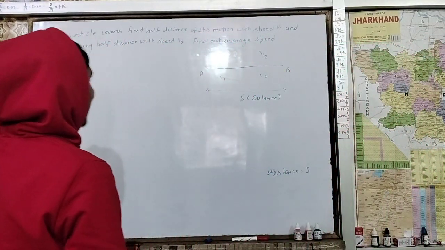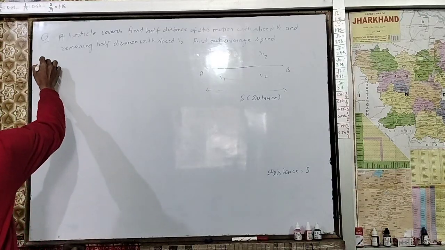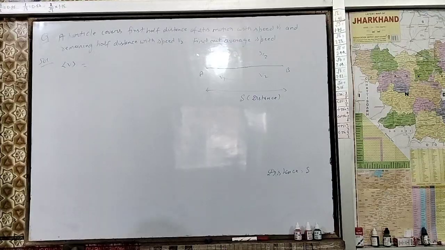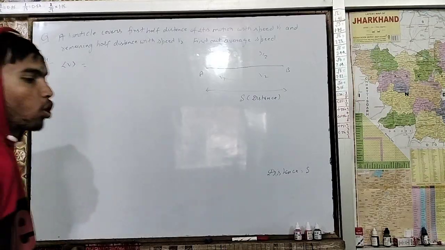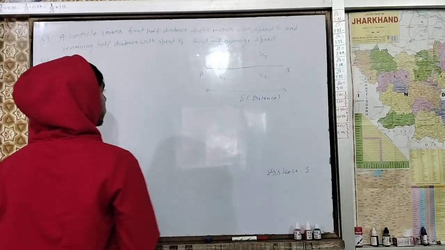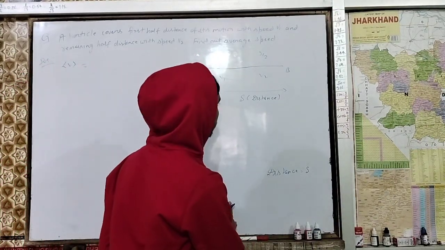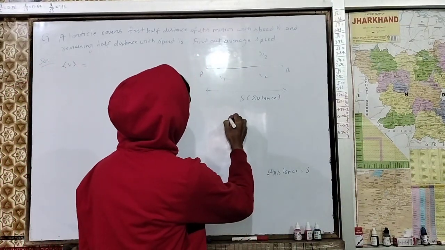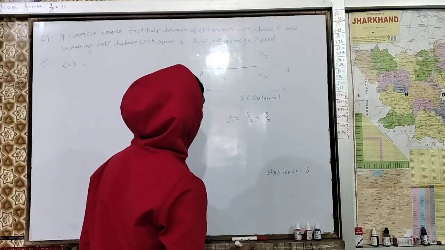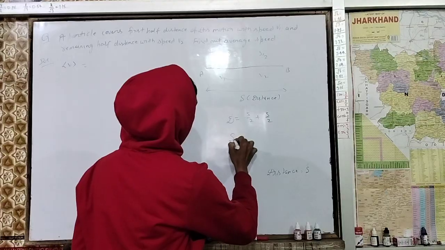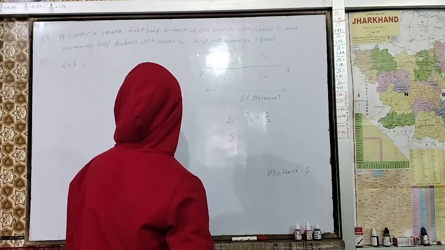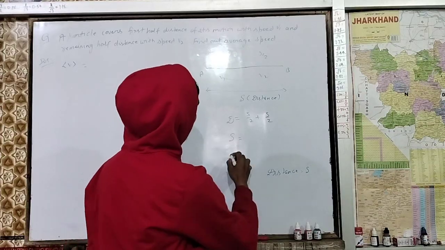He is asking for the average speed. We know average speed is equal to distance upon time. The distance is given, and the speeds are given, but the time is not given.